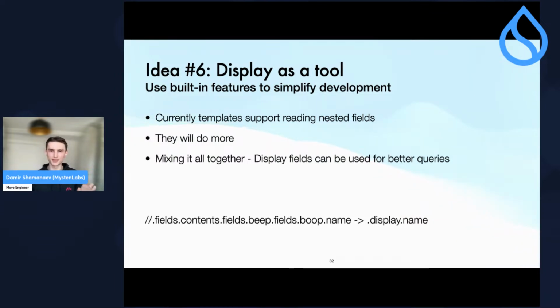We support the path syntax through the dot, so it's basically the same thing you see on the screen: my object.nested field.something. So this works. You can slightly optimize front-end queries already, and instead of querying, for example, the show contents, if you don't really need it and you just want to read something nested in it, you can just use it in a display. So display can do faster queries for you, or just optimize queries as a tooling mechanic.